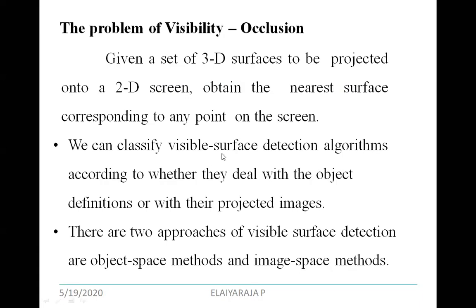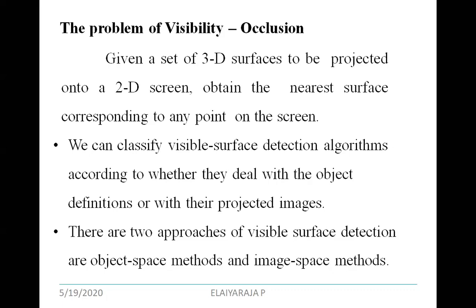In that case, you are going to classify the visible surface detection algorithms according to whether they deal with the object definitions or with their projected images on the screen. You are going to deal with these two bases: either the given object definitions or the projected image on your screen.